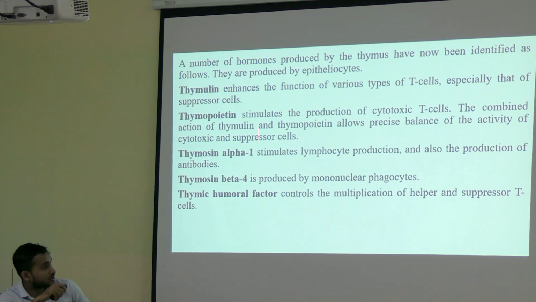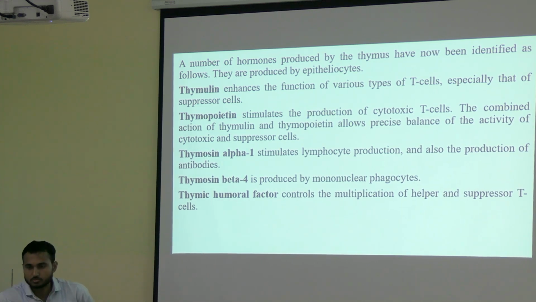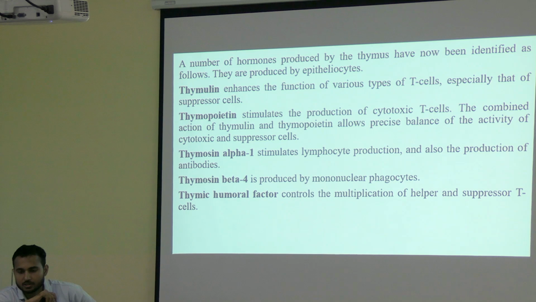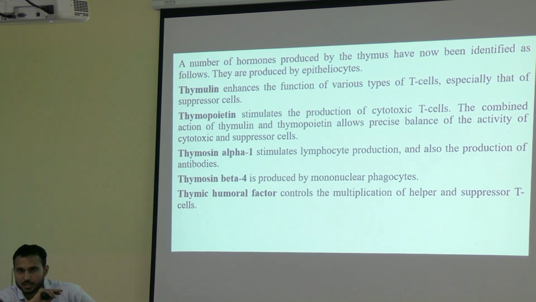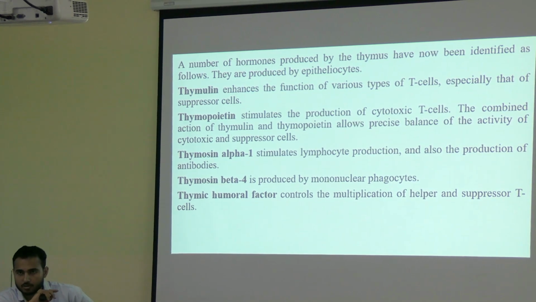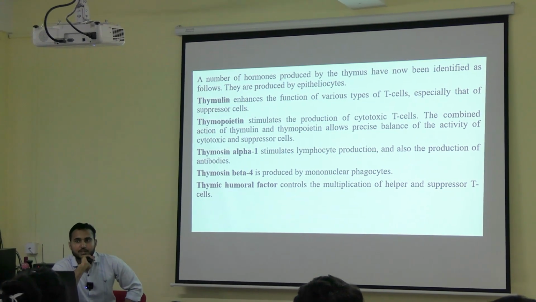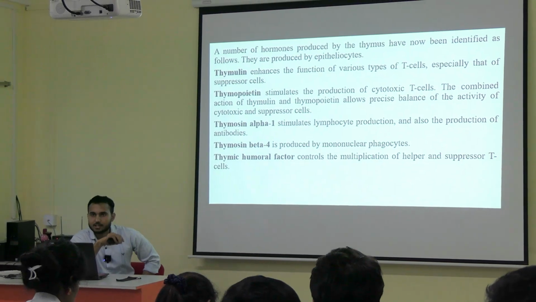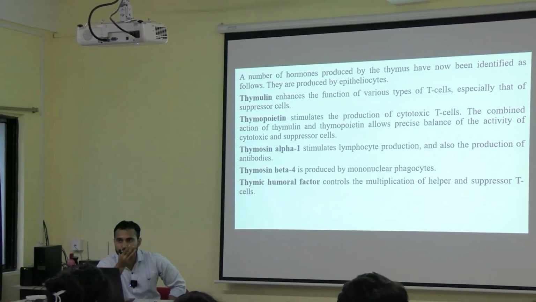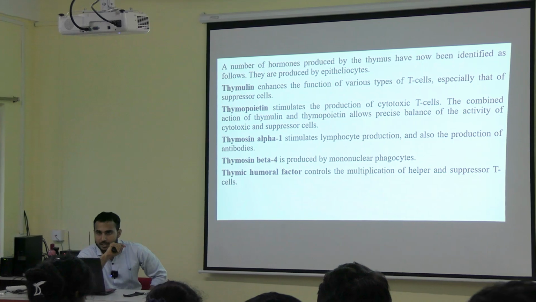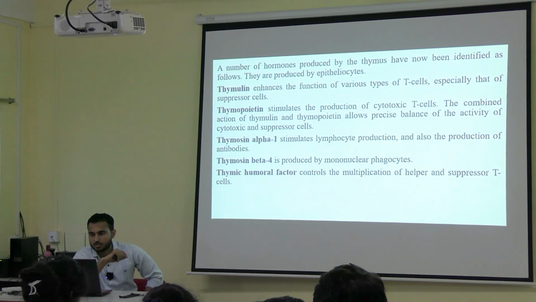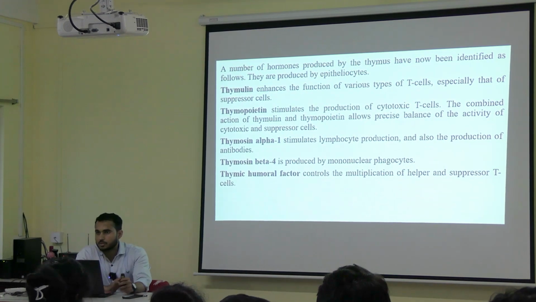Now see, this is the list of hormones: thymulin, thymopoietin, thymosin alpha, thymosin beta, and thymic humoral factor. These are the hormones secreted by the thymus, and all these hormones directly affect the growth and maturation of T lymphocytes, along with other cells also. Okay, so that is all about the thymus.